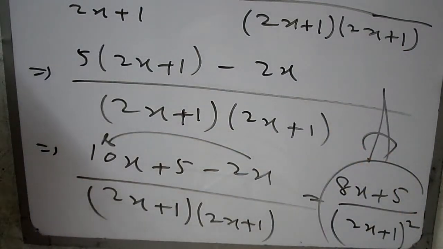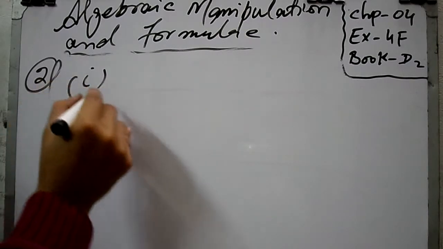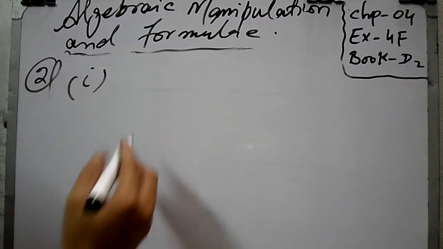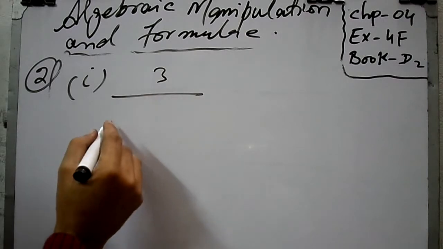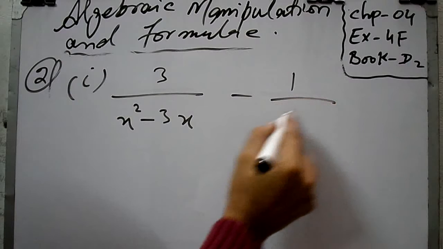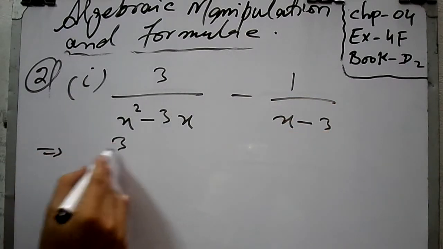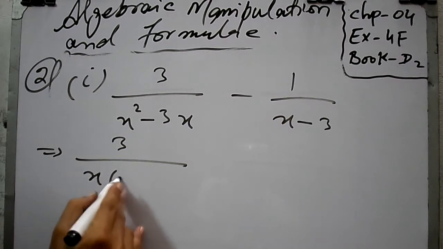Now coming to the I part. Divided by x square, 3x minus 1 by x minus 3. So you can write 3 divided by, take common.